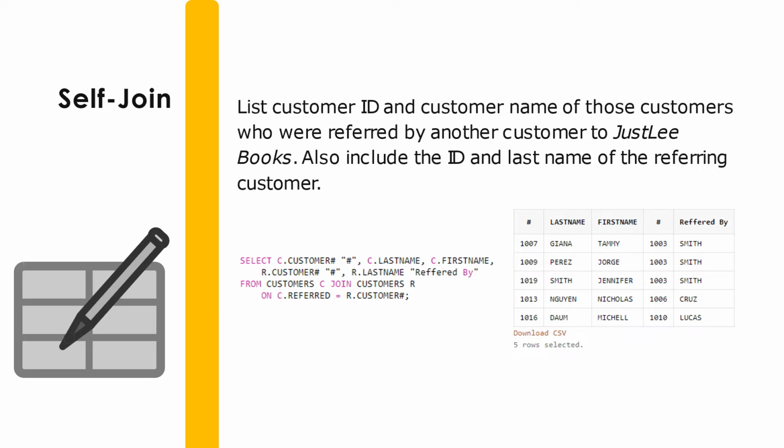For the referring customer, we're getting that referring customer's customer number and customer last name. And we can see that we are joining the two tables, or we are self-joining the customers table to itself using the following condition. C.referred should be equal to R.customer number. And the results we can see on the right.